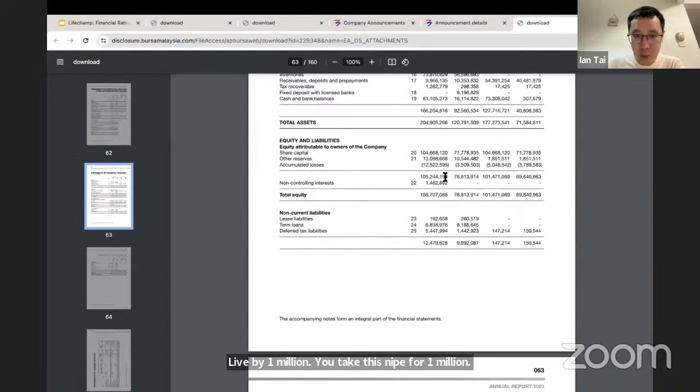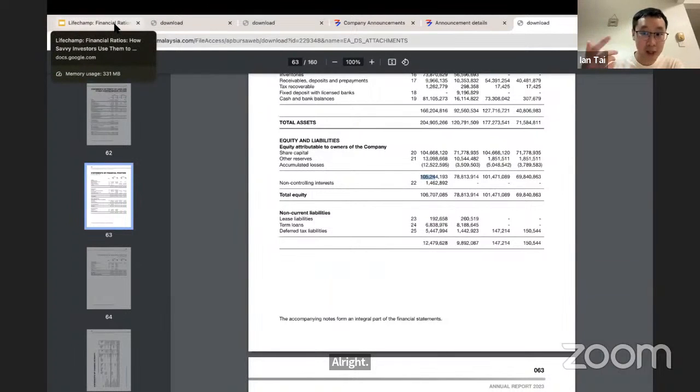You divide this 9.1 million by the equity over here, 105.2 million, and you will get a negative return on equity. So it is negative in terms of both the net profit margin and return on equity.